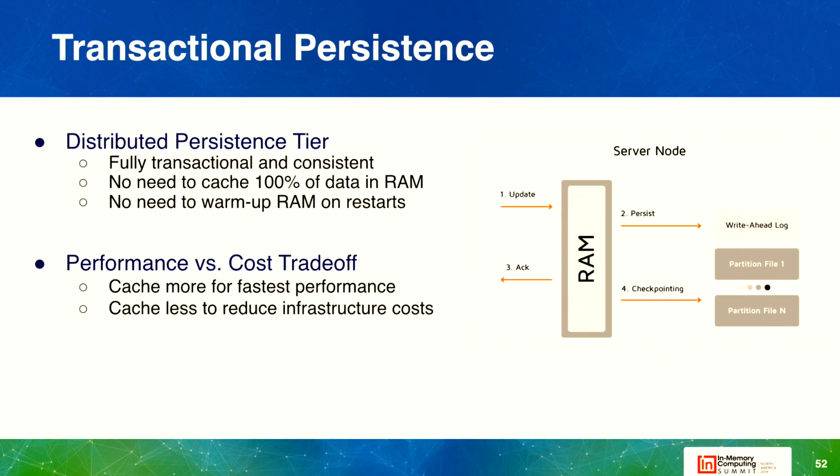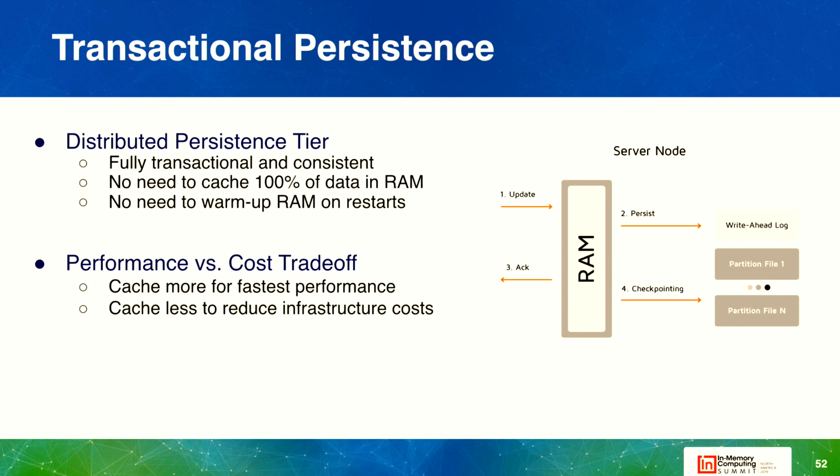Like with these benchmarks, as Gil showed, we cached 100% of data in RAM, but also you can cache only 50, 20, 10, 5, whatever you need. It depends on your capacity. It depends on your trade-off: how much speed you want and how many resources you have. Also, it means that if we cache, let's say, 30% of data in RAM, somehow we need to be able to go to disk in runtime.